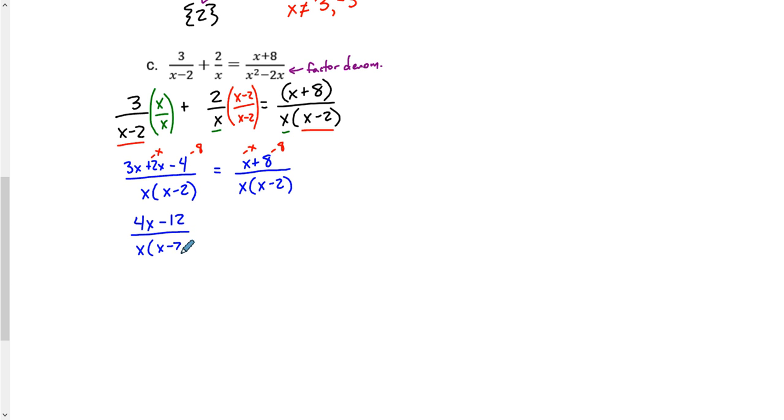Over an x and an x subtract 2. Subtracting the x and subtracting the 8 here would leave us with nothing. You don't have to write this. It would technically be 0 over x and x subtract 2.